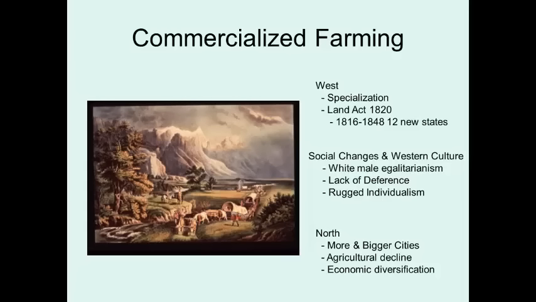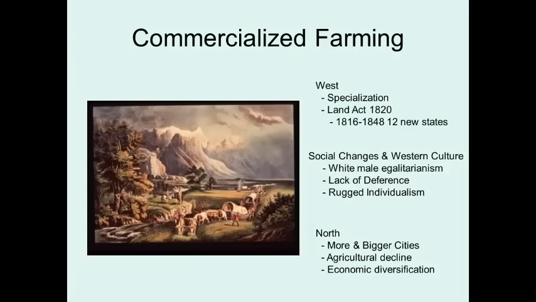So the first element of Western culture that we see is this idea of white male egalitarianism. So egalitarianism, of course, meaning equality, right? We're equal. And this is the idea that you may be rich, you may be richer than me, I may be poor, but you're not better than me. I'm just as good as you, even if I'm poor and you're rich.